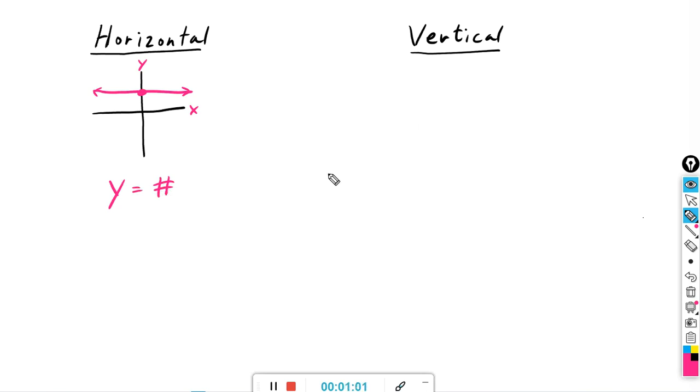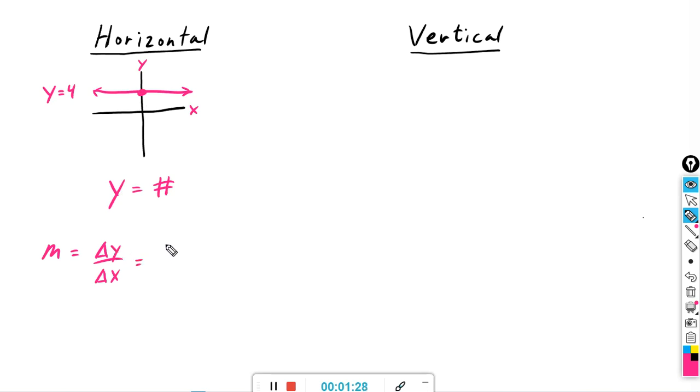All right, and y does not change. It is fixed. Remember, the slope formula is change in y over change in x. Since y equals some number, like let's say in this case y equals 4, y does not change.